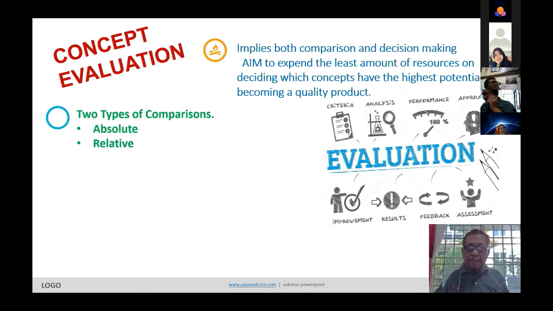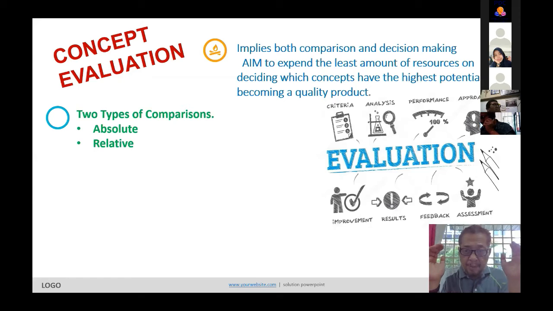So there are two types of comparison. For example, you give a range, or you give an absolute number. Okay. Let's say for the UV light, what is the range of the UV light wavelength? Of course, there is a certain wavelength there, right?